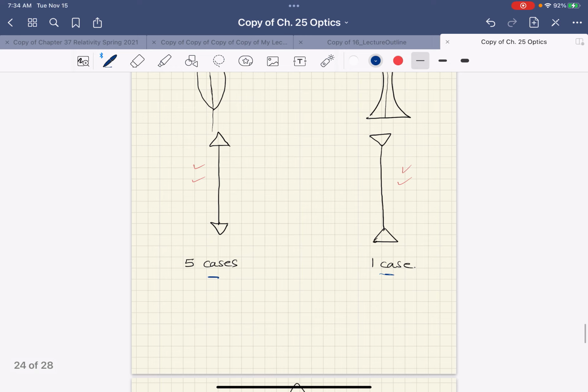Now, one thing that we also need to define here is the power P of a lens.